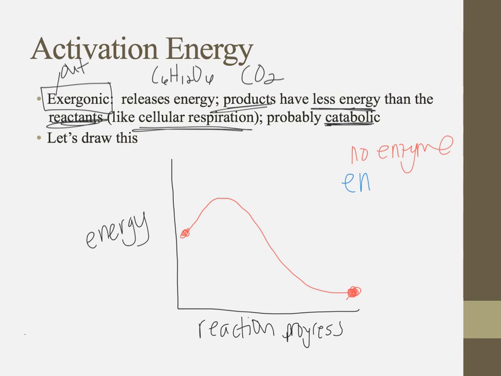If I add an enzyme into this situation, it's going to decrease the activation energy. But again, I'm still starting and ending at the same places. So it makes it easier for this reaction to take place because I don't have to put as much initial energy into that. But my reactants and products are still the same. That's an important thing to remember about enzymes.